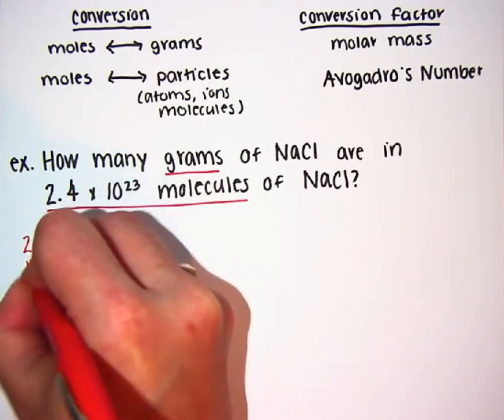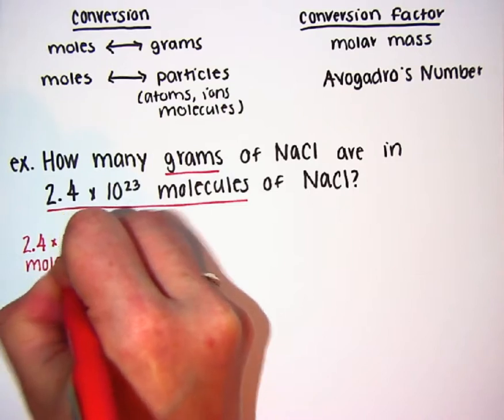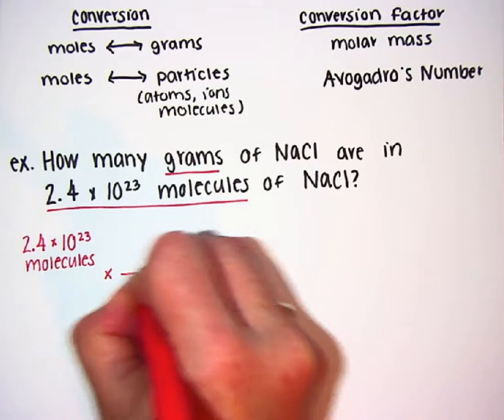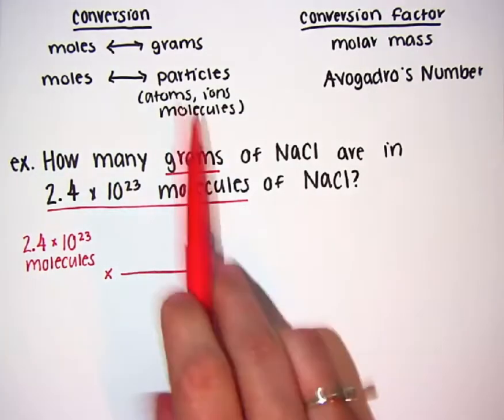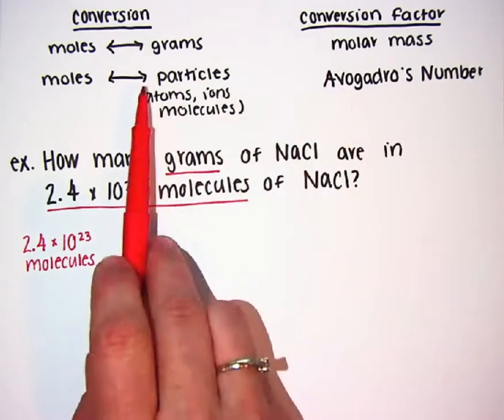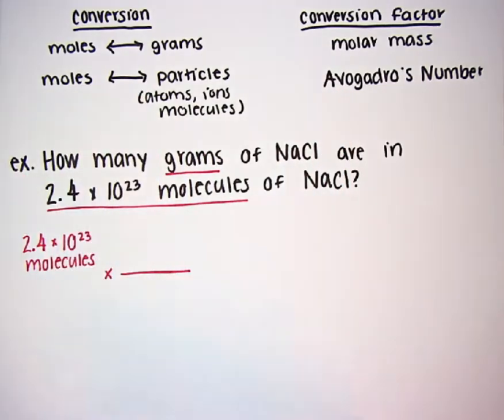2.4 times 10 to the 23rd molecules. If I'm starting with molecules, like I said, the only thing we can do is use Avogadro's number to convert to moles. Think about where your units go in order for them to cancel.